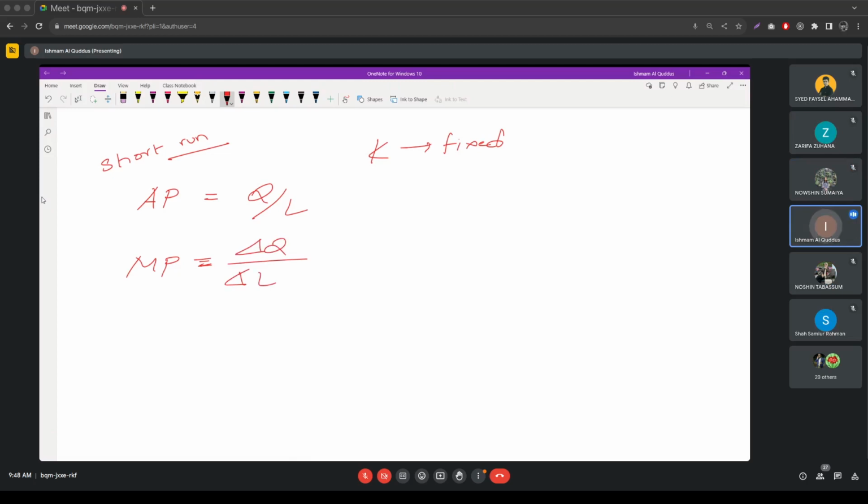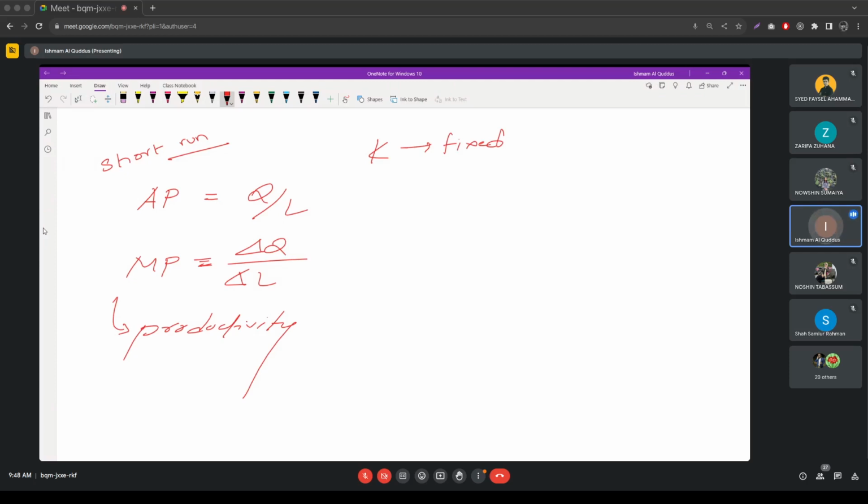Now this is actually the productivity. In our daily life we use the term productivity, right? So this is the productivity of labor. So this reflects how much more you are producing because you increase the factor of production, the resource. Here it's labor.